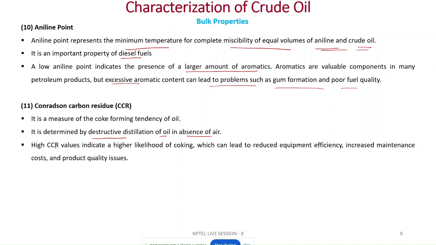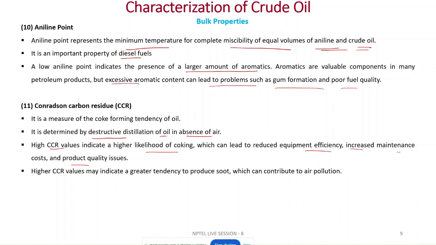A high CCR value indicates more probability of coke formation, which can lead to reduced equipment efficiency. It can also increase maintenance cost and product quality issues. So higher CCR values may indicate a greater tendency to produce carbon soot and may contribute to more air pollution, which is not favorable.